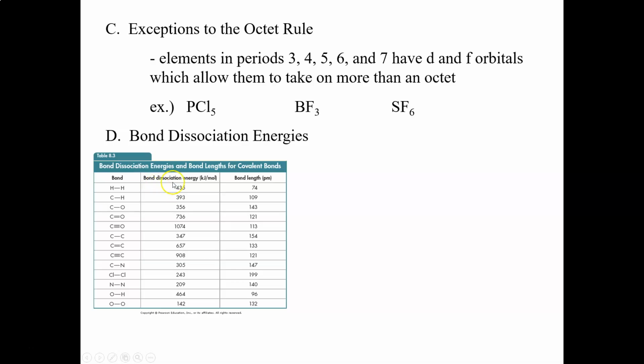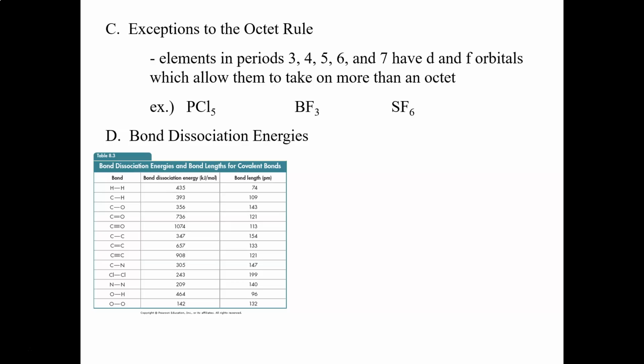Now, they also give us then the energy we require to break that bond. So for instance, if you wanted to break the bond between two hydrogens, the single bond between two hydrogens, it would take 435 kilojoules, that's what the kJ stands for, kilojoules of energy per mole. I know we haven't really talked about moles and things yet, and we'll get there.